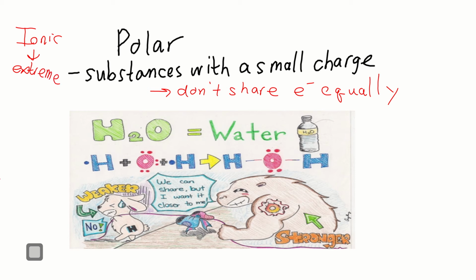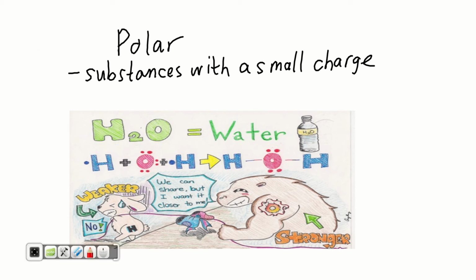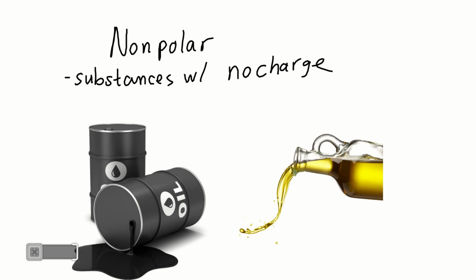But it turns out covalent bonds can have this partial sharing, which means that one atom might have a slight charge, while the other will have a slight opposite charge. Okay? So polar are things that have a slight charge. The way I need you to understand this is that they will tell you that the object might be polar or nonpolar, and that's what we're going to use to describe whether the objects dissolve.